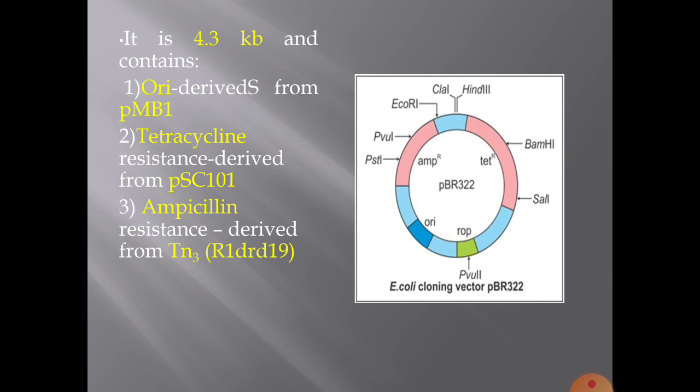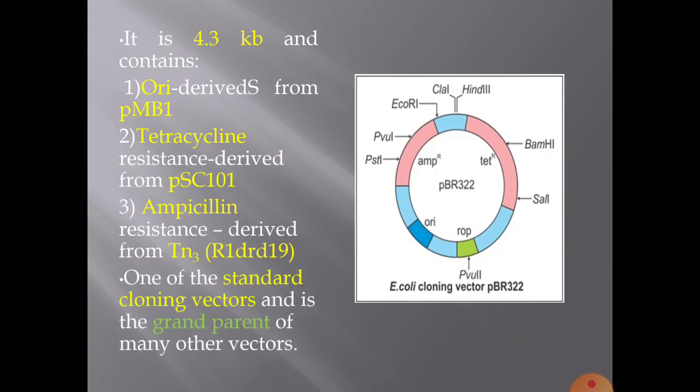Tn3 is a part of R1 drd19. Okay, then it is one of the standard cloning vectors and is the grandparent of many other vectors. So many other plasmid vectors have been derived from this pBR322.